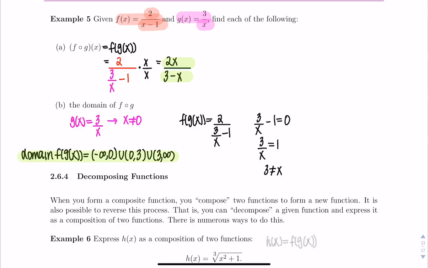So you're looking at the inner function first to see what x can't be, and then you're looking at the whole composite function to see what x can't be, and then you bring those two restrictions together.